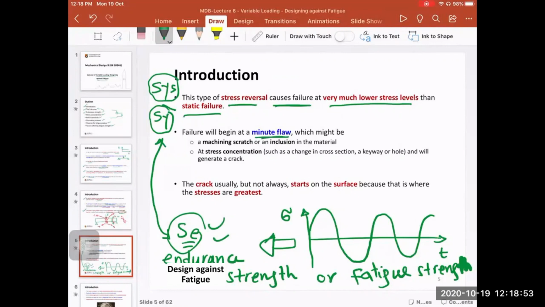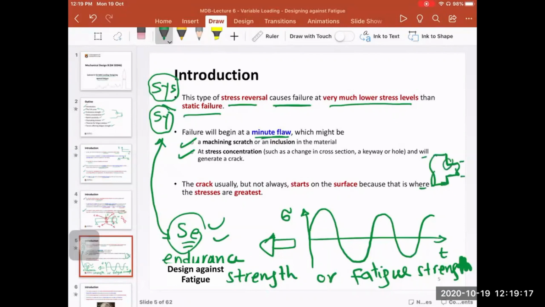It could be something like a machining scratch on the surface. It could be stress concentration. As I said on the previous slides, if you have a stepped shaft, for example, then at this point between the small cross-section and the large cross-section, you have a change in the cross-section.